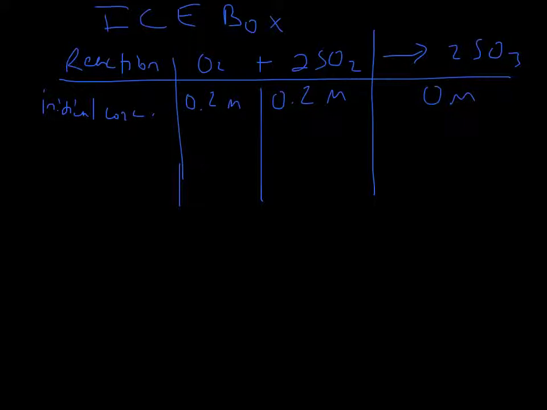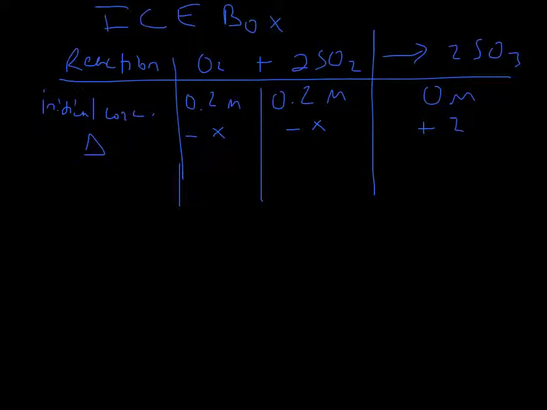Well, the C in ICE box stands for change. So we don't know how much is changing by yet, so we'll do plus, no, well, we're going to be losing this, right, because we know it needs to favor the product. Minus x, you get plus x.